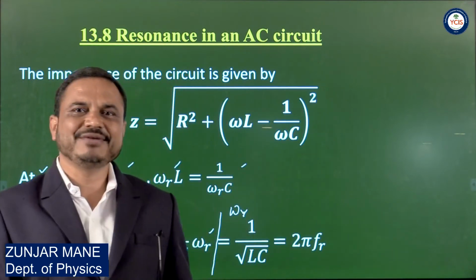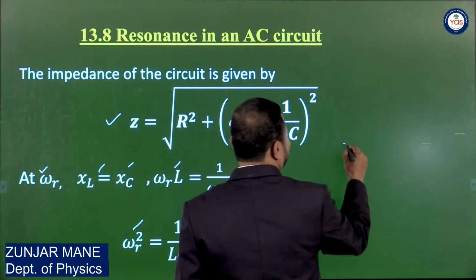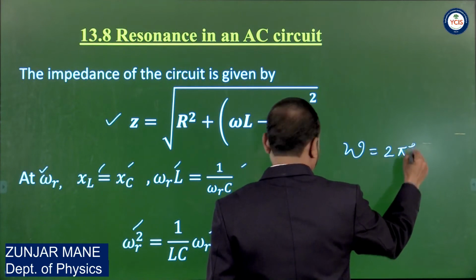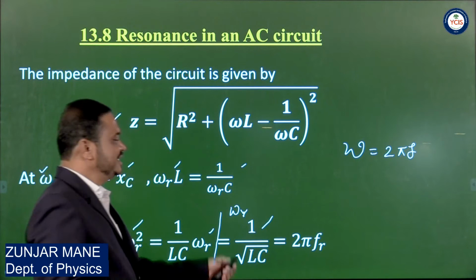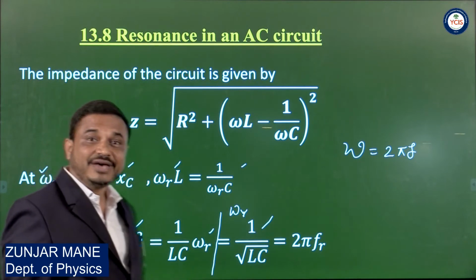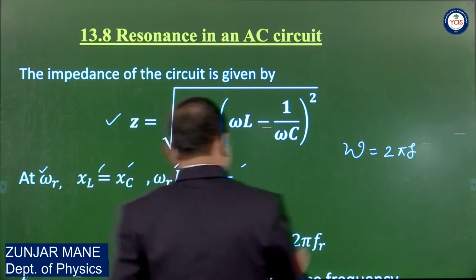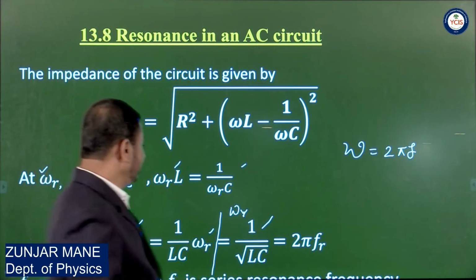But angular frequency and the frequency of AC are related by the equation omega equals 2 pi F, and therefore 1 upon root LC is equal to 2 pi FR, where FR is called the resonance frequency.